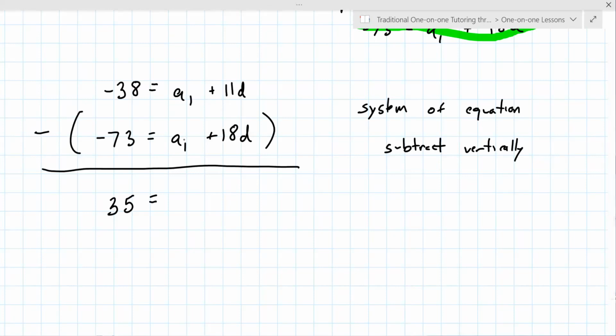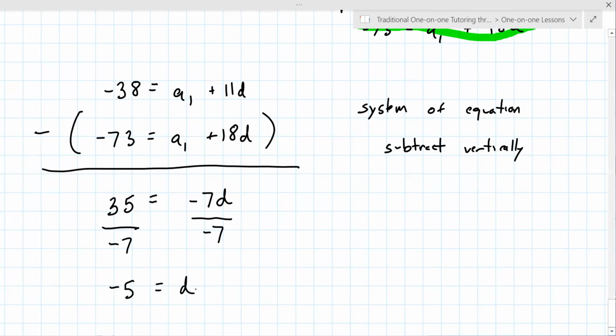What does that become? 0, right? It goes away completely. Then you have 11d minus 18d, which is minus 7d. Now if you divide by negative 7 on both sides, you get negative 5 equals d.